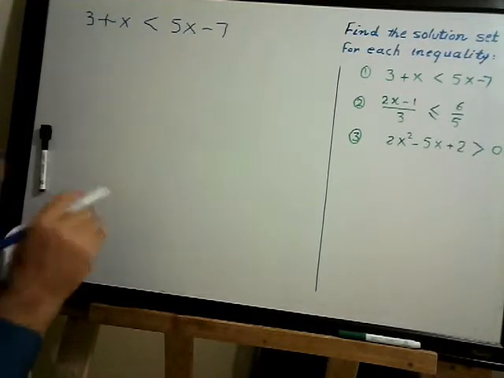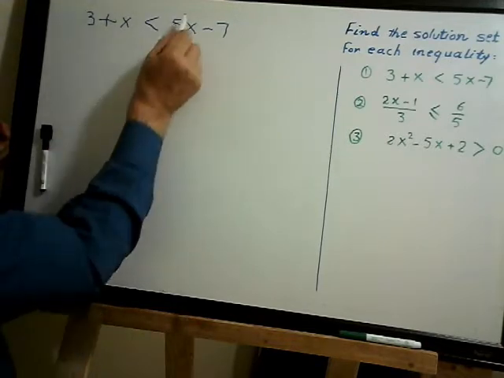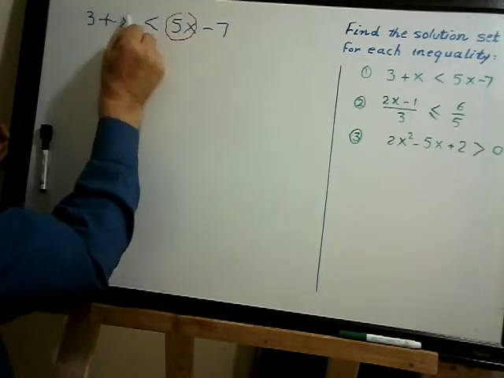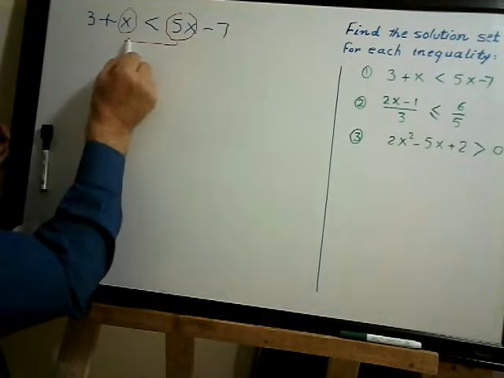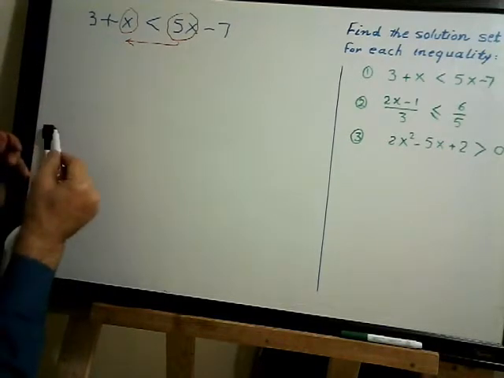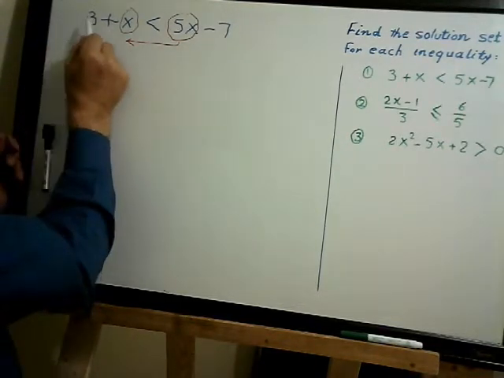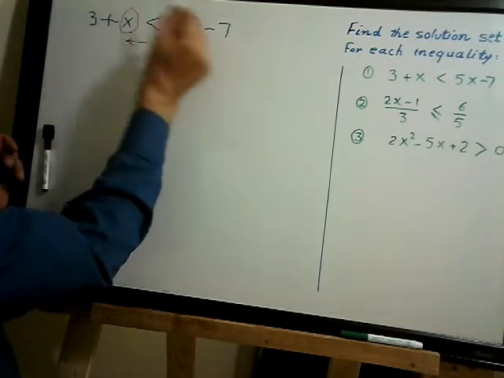That means we will put 5x and x on the same side by transferring 5x to the left side, and we will put 3 and minus 7 together on the other side.